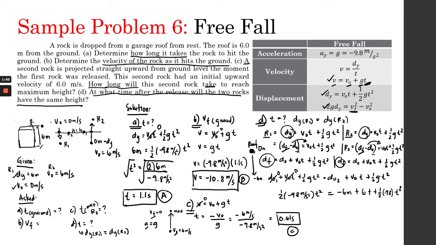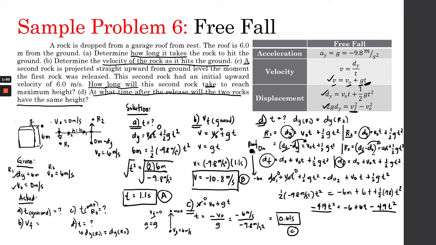Okay, and that would give us negative 4.9 t squared is equal to negative 6 plus 60 minus 4.9 t squared. So you have negative on both sides.